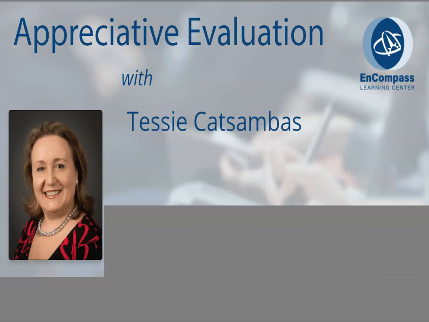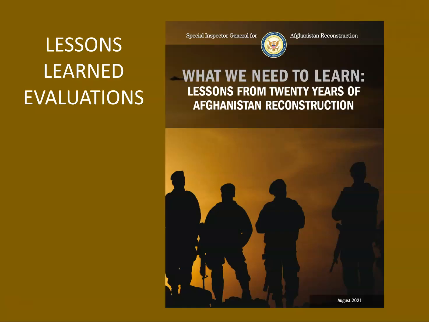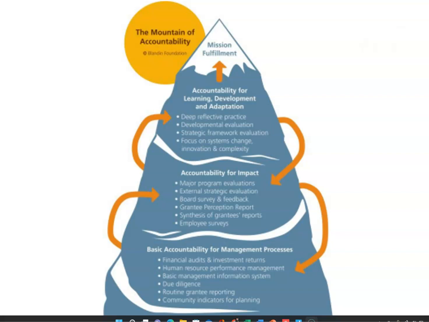Appreciative inquiry creates an environment where people can look at what's working well, building on things like the success case method for learning, and looking at the very difficult issues that go on in learning under conditions of accountability.